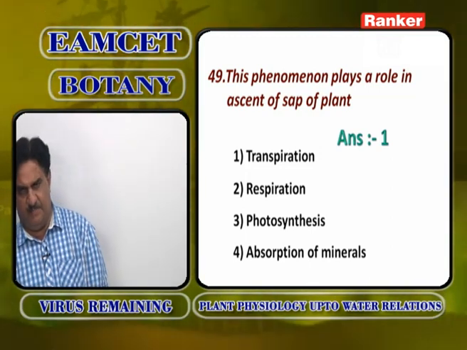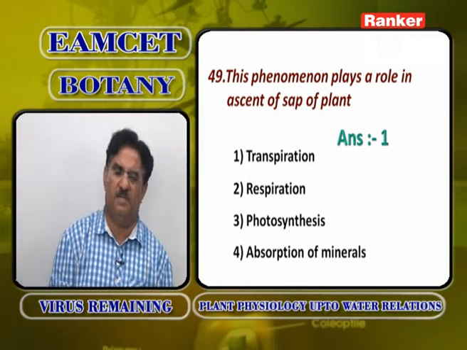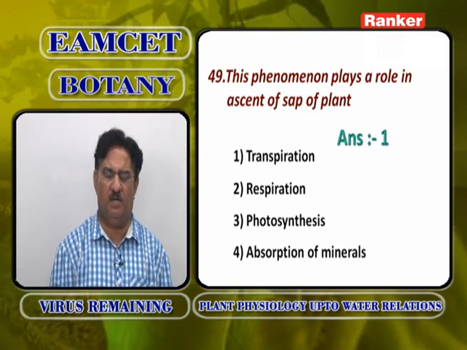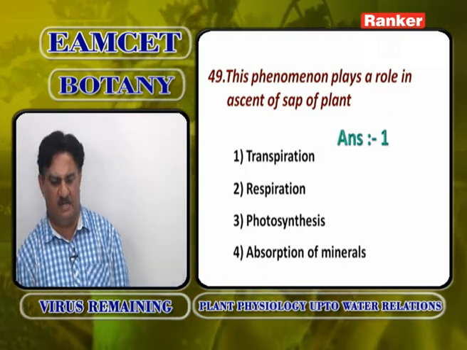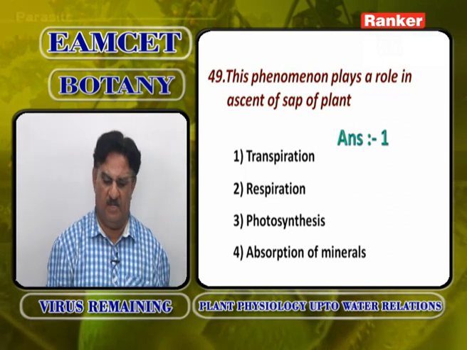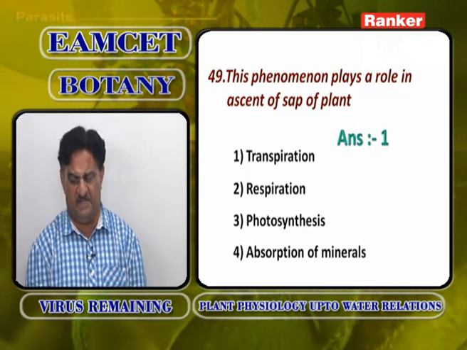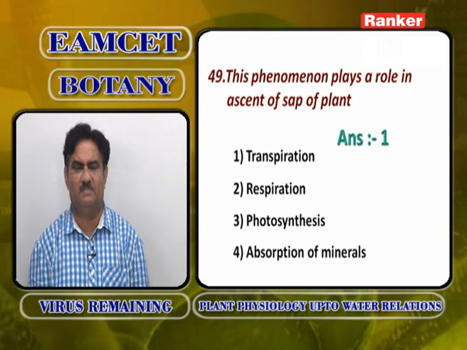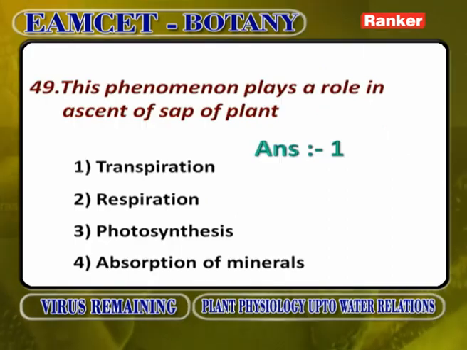This is now sent to the stem, and from stem to root. The root starts absorbing water, and water is transported due to cohesion and adhesion. So this phenomenon plays a role in ascent of sap in plants. Main is transpiration, not respiration or photosynthesis or absorption of minerals. The main aspect which makes a plant show ascent of sap is transpiration.